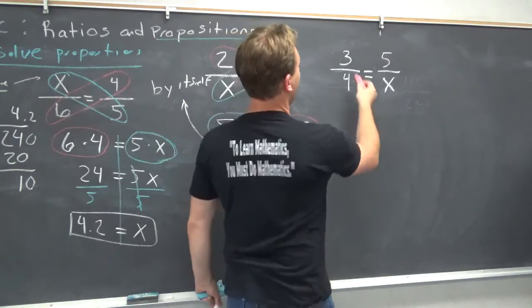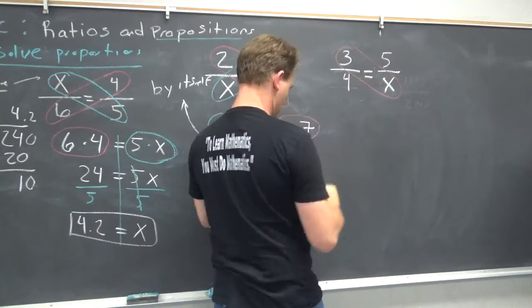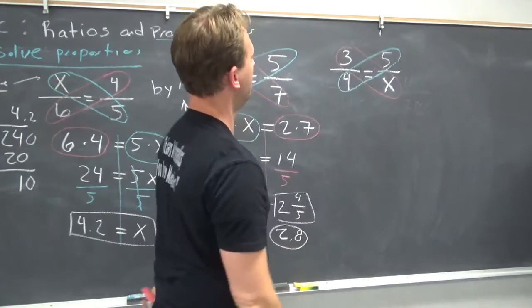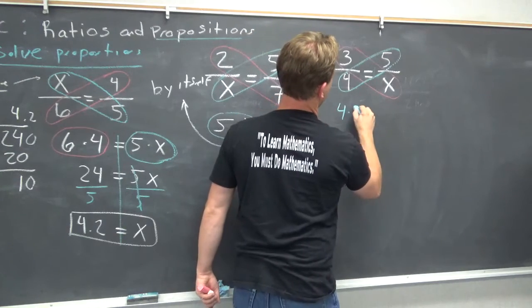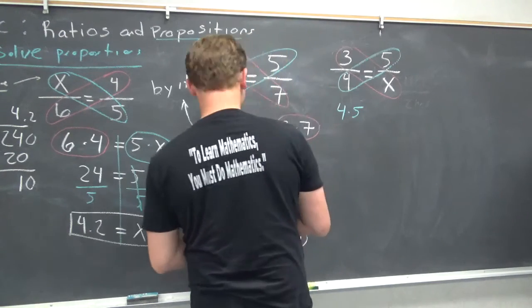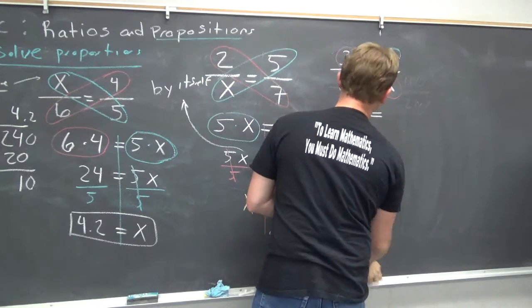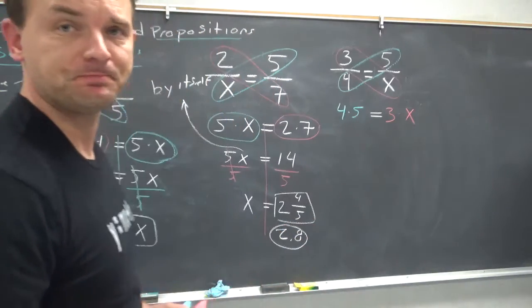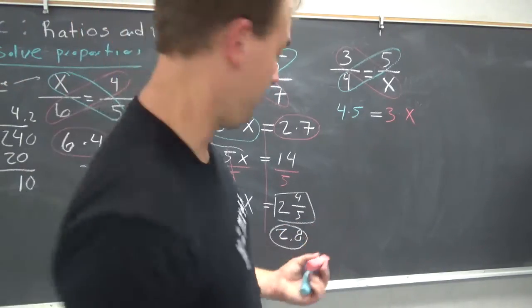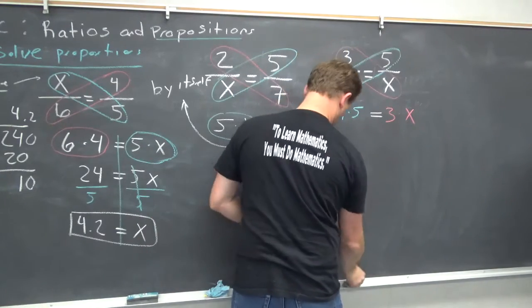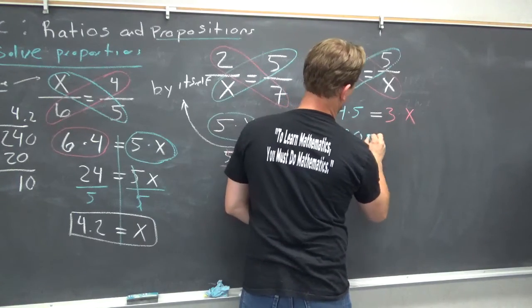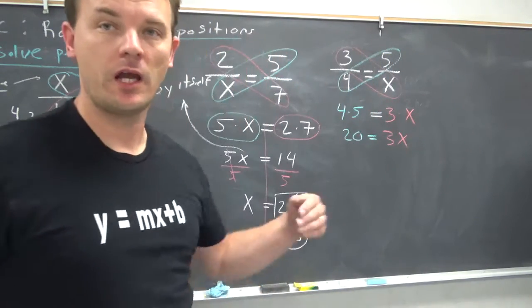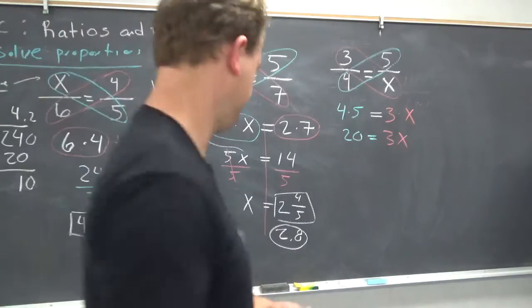So cross multiply. Okay. So that's going to be 4 times 5 equals 3 times x. Now, multiply. And then what? Divide by 3.